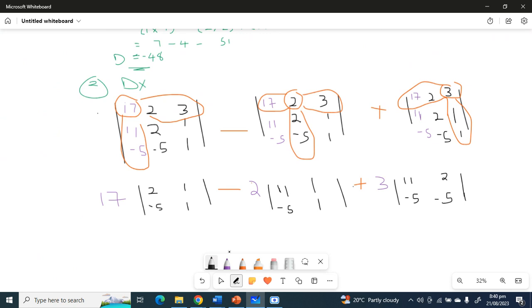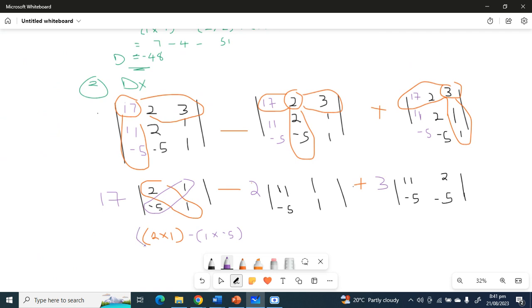All right, so same thing. We get the determinants of our 2 by 2 matrices. So I said leading diagonal. So here is going to be 2 times 1 minus the trailing diagonal, which is 1 times negative 5.